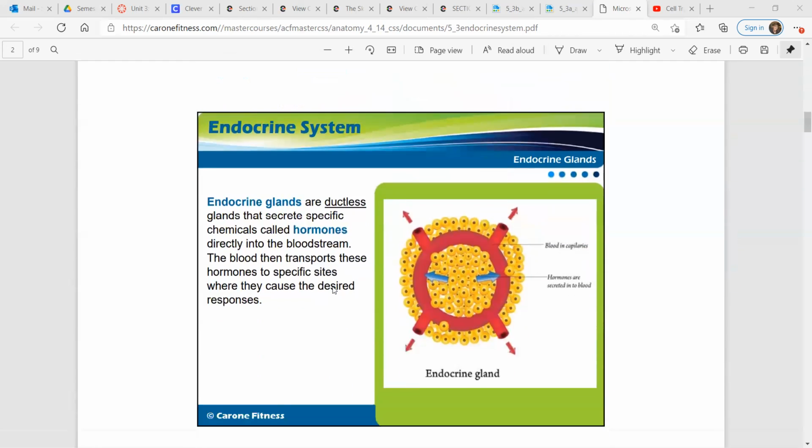On the other hand, endocrine systems are ductless. So there are no ducts. And these secrete specific chemicals called hormones directly into the bloodstream. The blood transports these hormones to specific sites where they cause the desired responses.